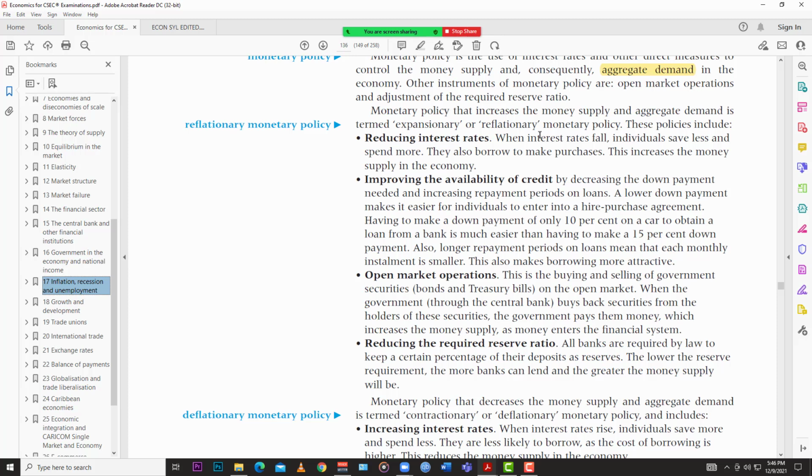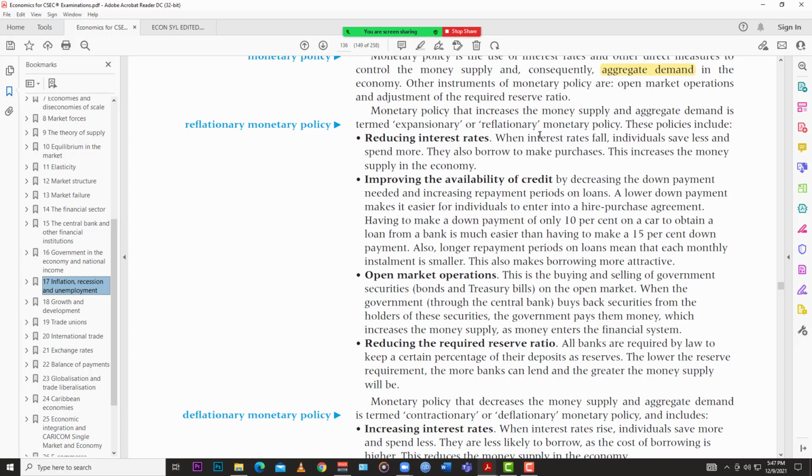When the interest rate reduces, that means they have to pay back less, and so everybody wants to go for a loan now, and that loan will be used to help boost the economy, stimulate aggregate demand, and at the same time increase the money supply. So that's one method of expansionary monetary policy.